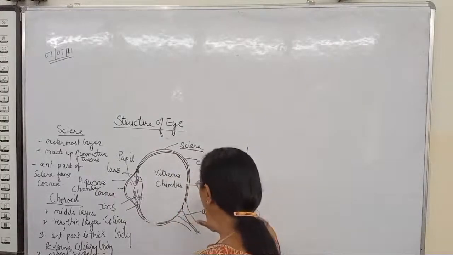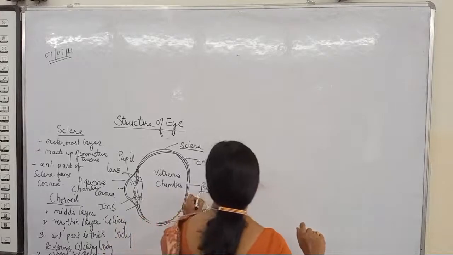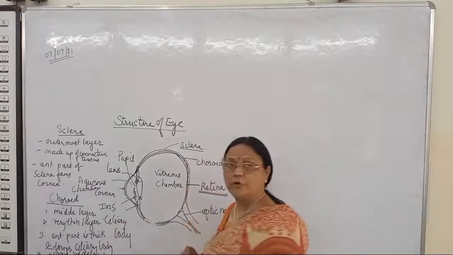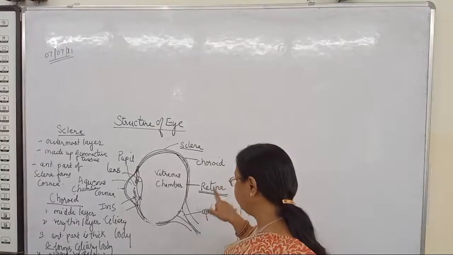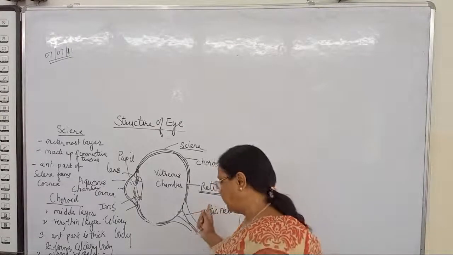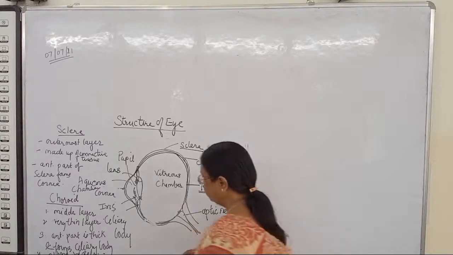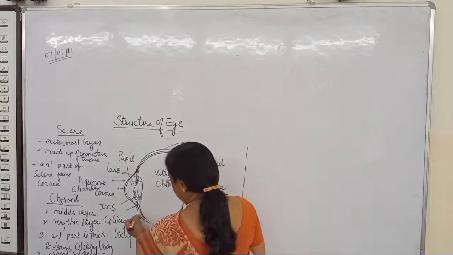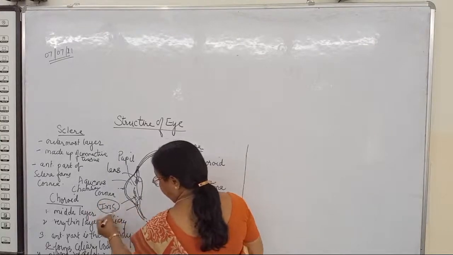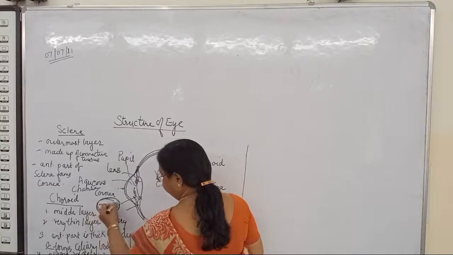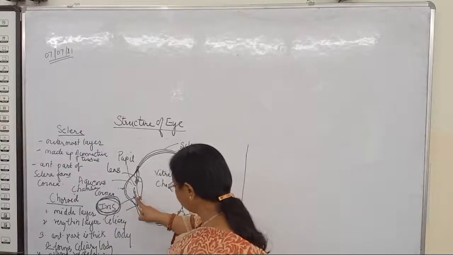Now we come to a very important layer, that is called the retina. I will talk about this, but before that, this extension of the choroid layer forms the iris. Now the iris is the colored part of your eye, and it is opaque.